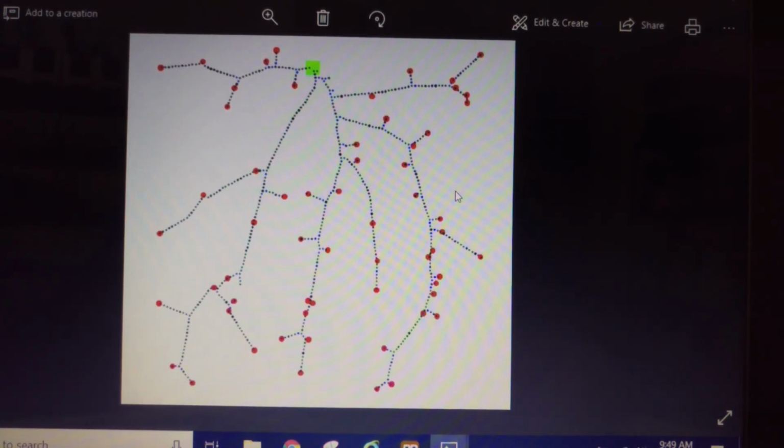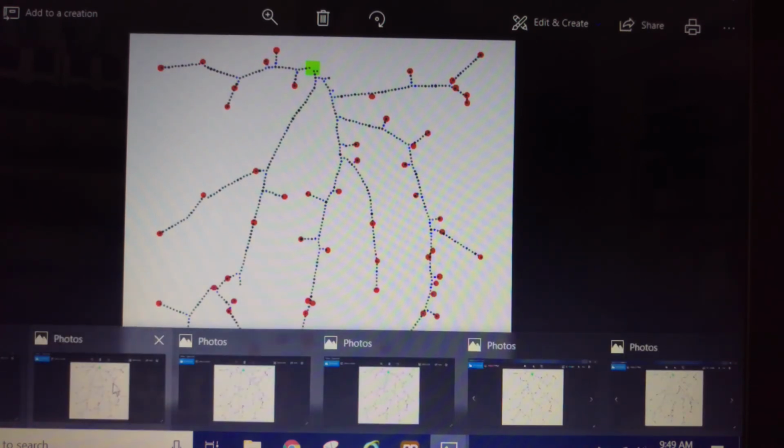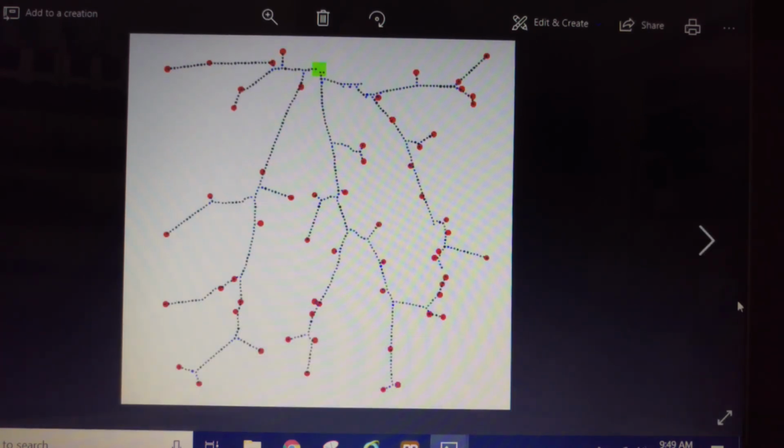Here's a closer look at that group of 6 outputs. This one had a combined line length of 622. This one, a combined line length of 627.